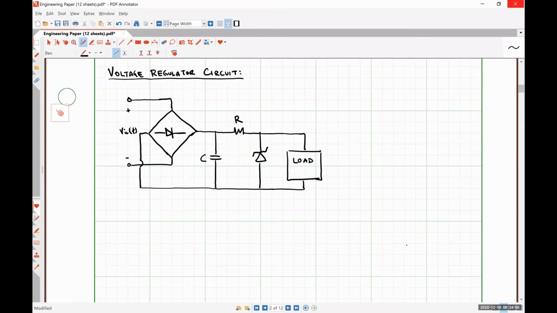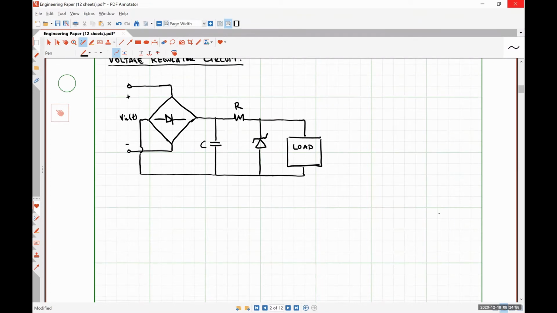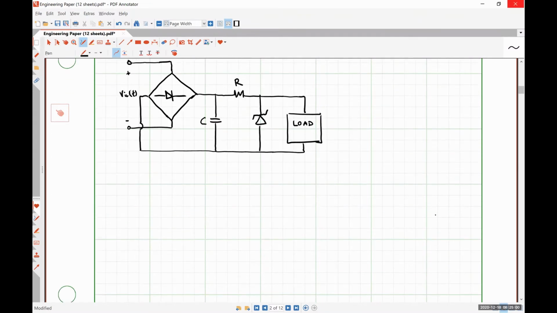So here's a basic voltage regulator circuit. We could actually break it down a little bit further into effectively a functional block diagram. So I'm going to call this guy VSS.